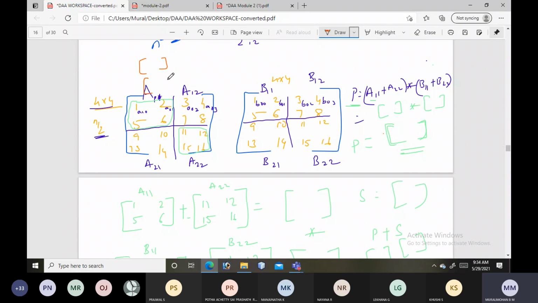Now, since it is 4 cross 4, you are getting it like this. If you are considering this as one element, this is A11, this is A12, this is A21 and this is A22. Now it is also 4 elements only, means 2 cross 2 only. But again, if you are taking this A11, you are having 4 elements. So this A11 is representing these 4 elements. Is it clear?